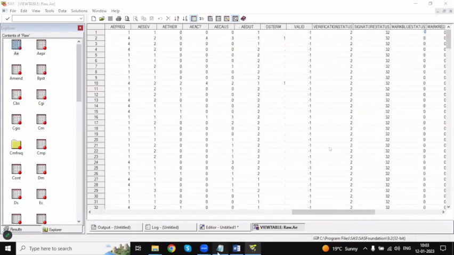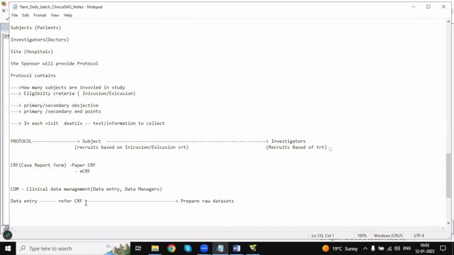That is the main thing the data entry persons do.